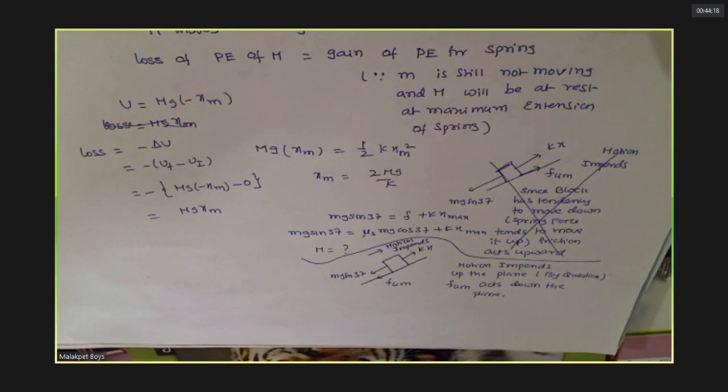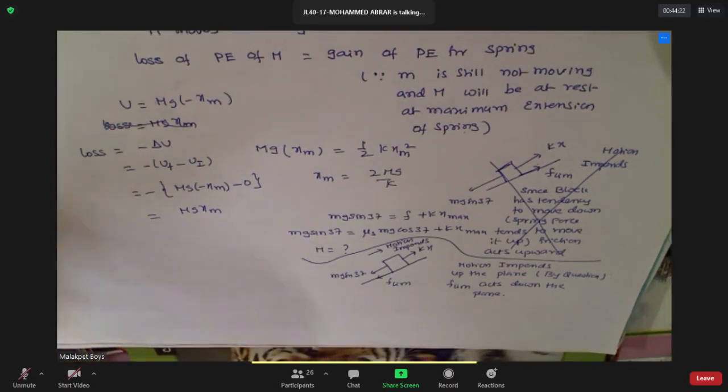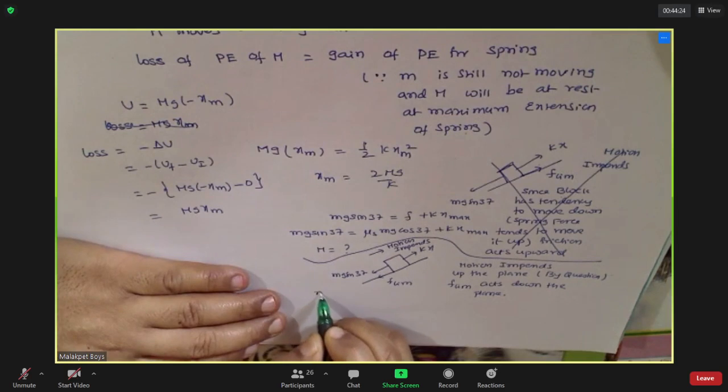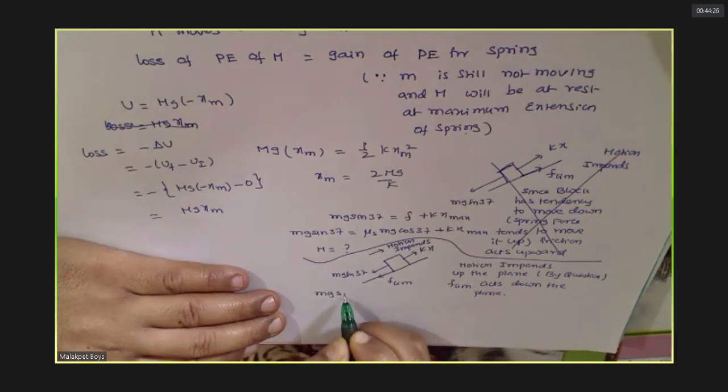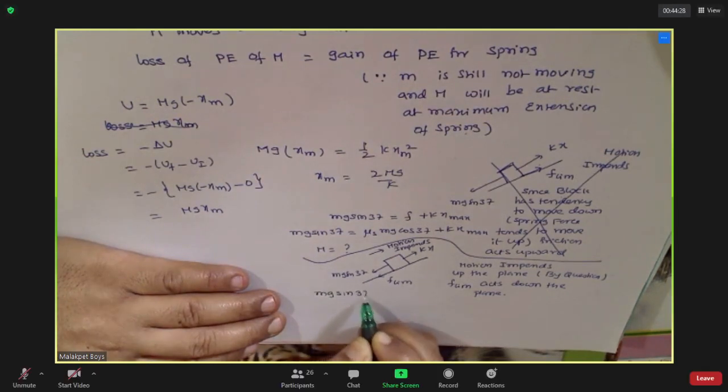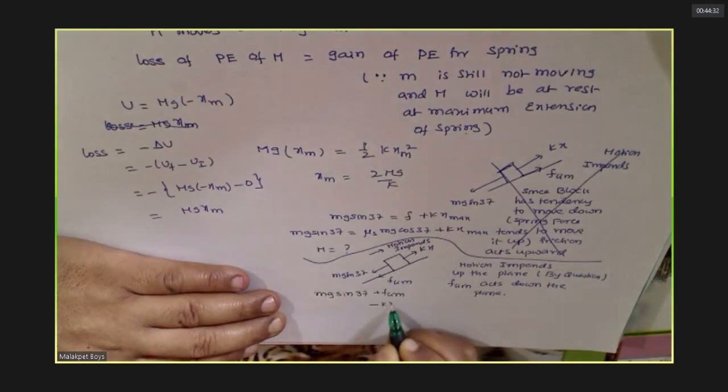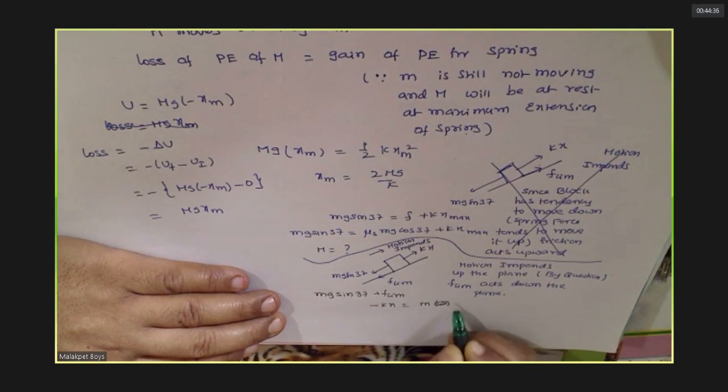Why is root coming, sir? 3m by 5. There is no acceleration, no?